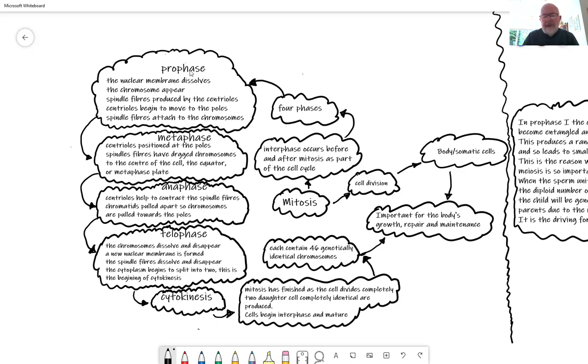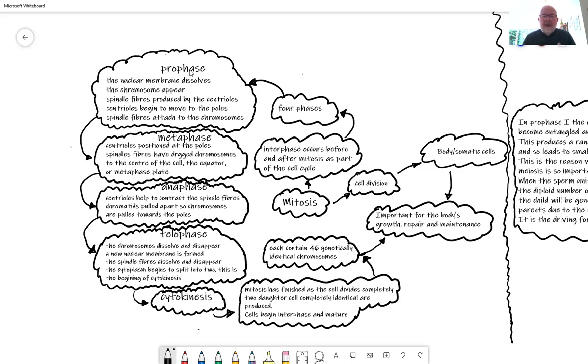So we're up here at the top left. And the chromosomes appear. Normally in a cell, you can't see the chromosomes in the nucleus because they have to condense, and they have to coil, and they have to compact, so that they can be moved when the cell divides.